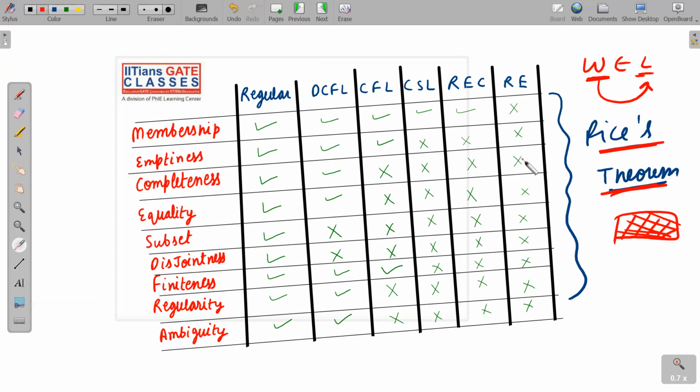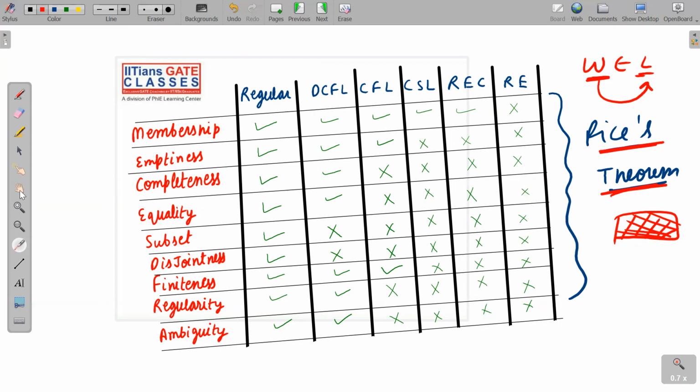The completeness problem is nothing but sigma star. Sigma star means each and every string should be present in the language. Each string may or may not be present in the language, so you have to dive deep into it, and I cannot dive deep, hence it will be undecidable. Equality: two RE languages are given.